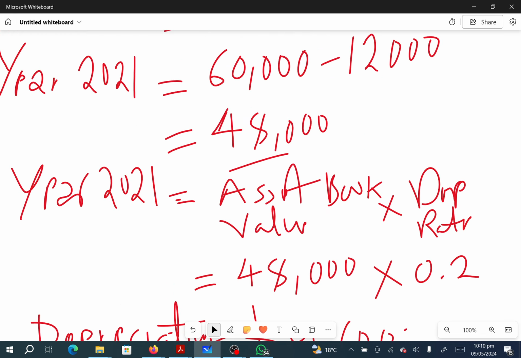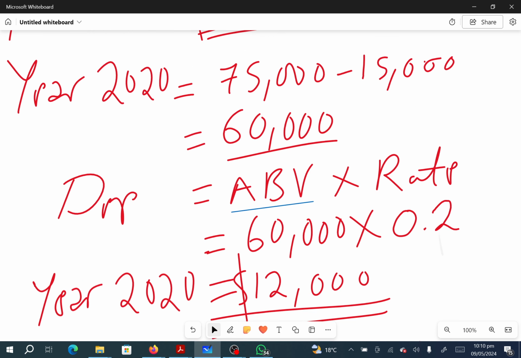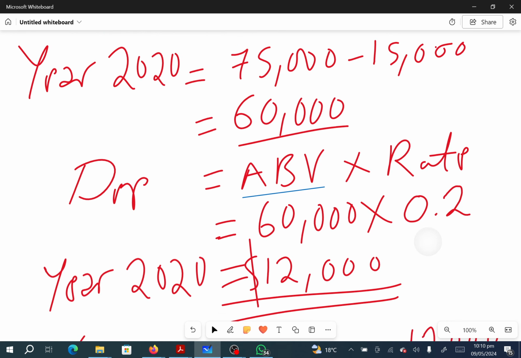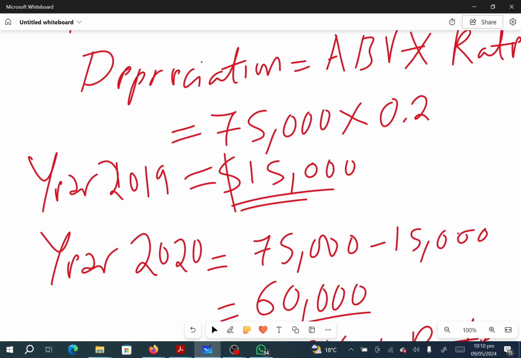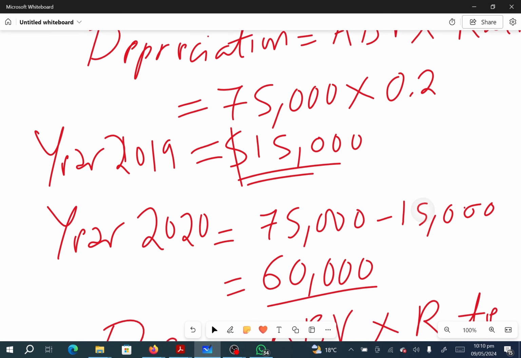So when you look at year 2020, let's start at year 2019. The depreciation in year 2019 was 15,000.